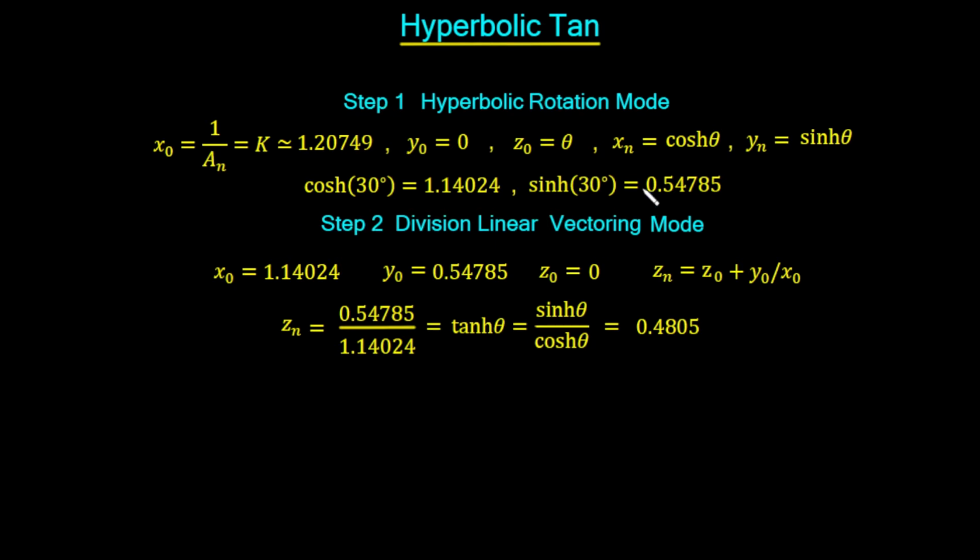In step 2 we're going to divide the sin with the cos. So we're dividing this number here with this number here. So we use the division algorithm, which is a linear vectoring mode. The input x0 is going to be the value for our cos, which is 1.14024, and the input for our y0 is the sin, which is 0.54785.